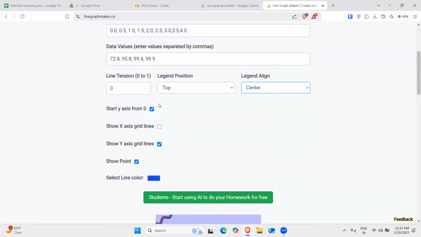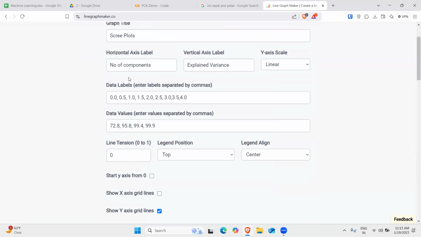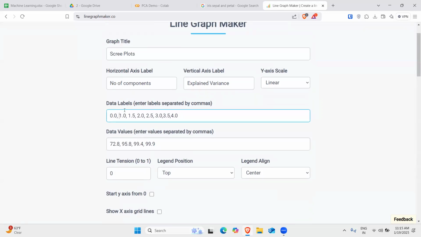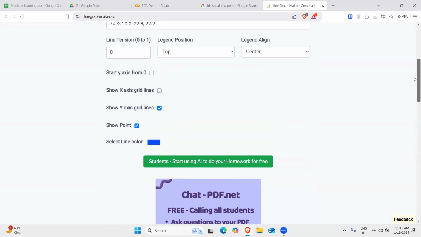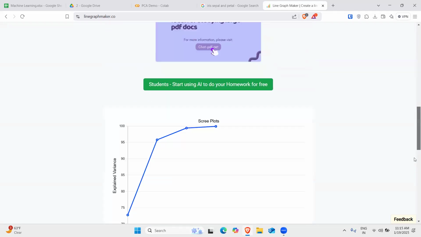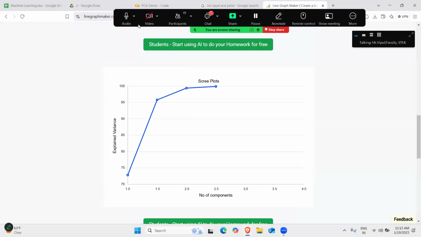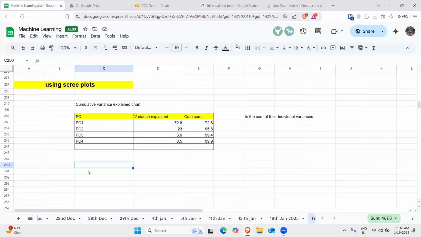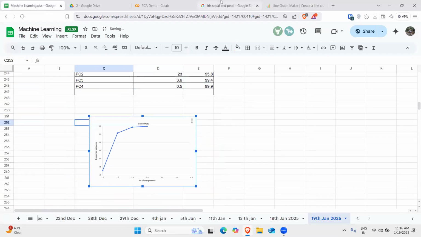Start y-axis from 0 should be turned off. And this should be 1. Okay, now I get it. Perfect. So this is what we have, right? This is known as a Scree plot, guys.